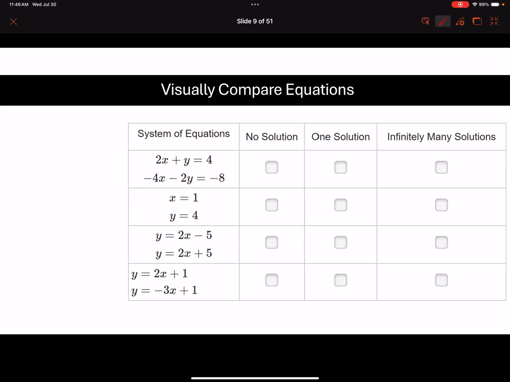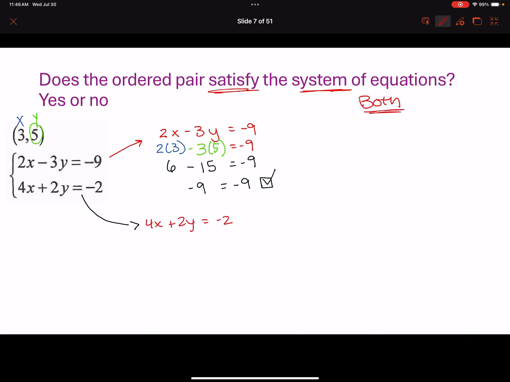So, I have 4 times x, which is 3, plus 2 times y, which is 5, equals negative 2. So let's see if this works. So 4 times 3 is 12.